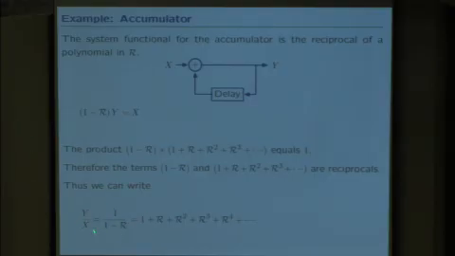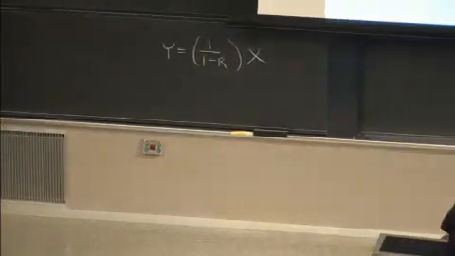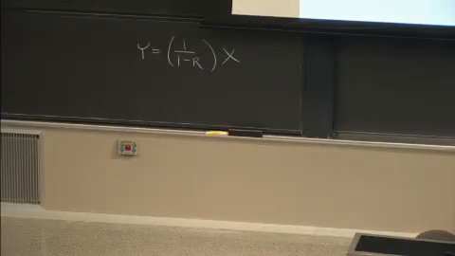So in order to calculate y, cross-multiply by x: y is the operator 1 minus r applied to x. What is the operator 1 over 1 minus r?